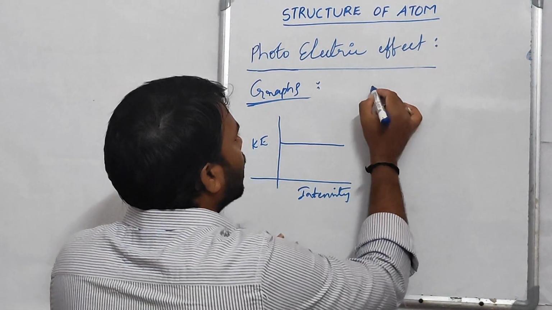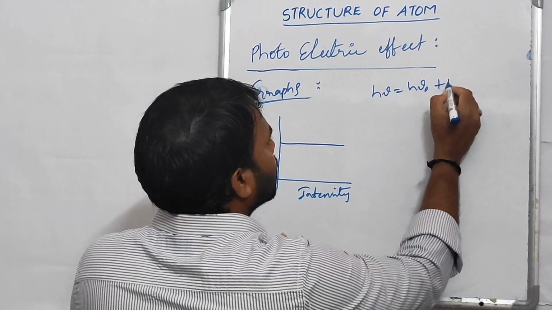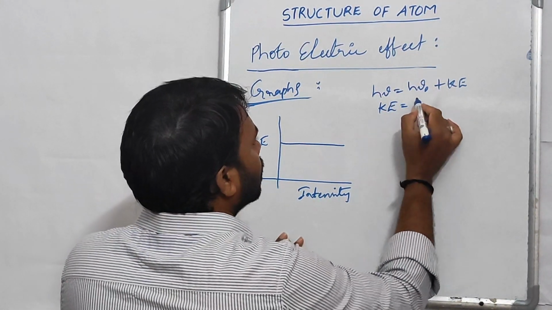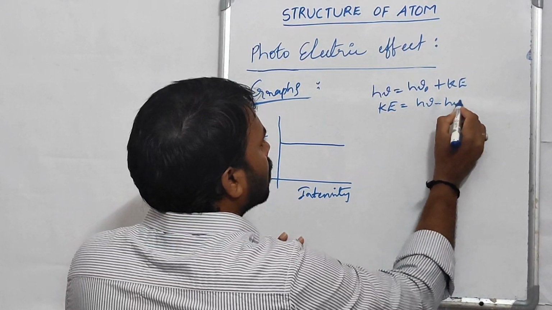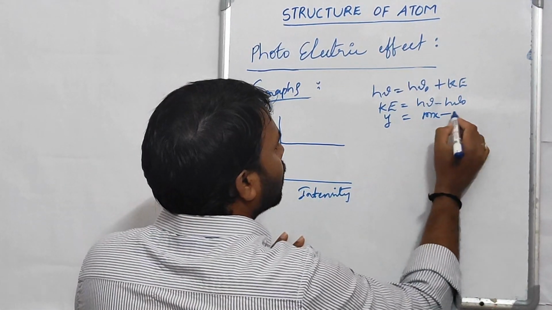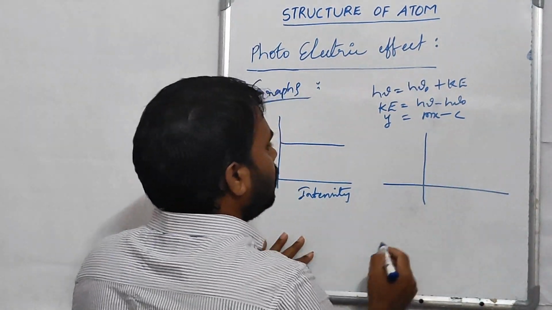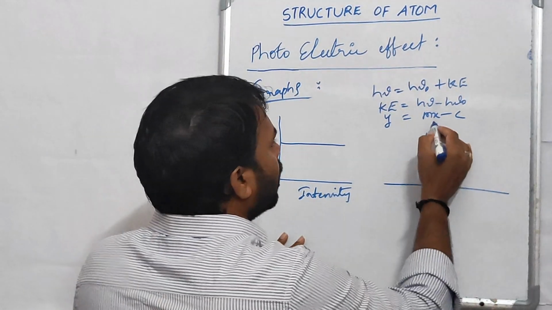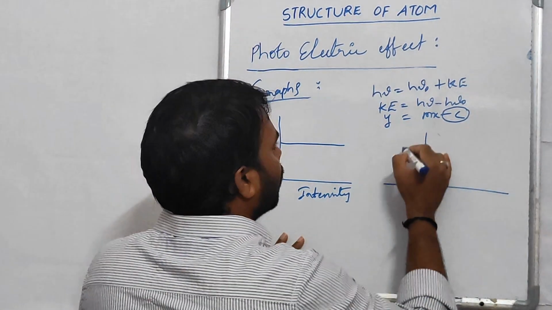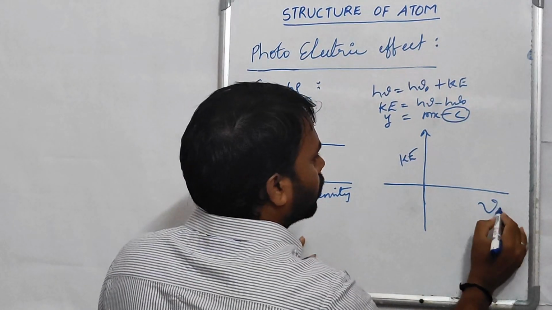Now we know the equation h nu is equal to h nu naught plus kinetic energy. Here kinetic energy is equal to h nu minus h nu naught. This is y equals mx minus c. The graph looks like this. On the y-axis kinetic energy, on the x-axis nu.